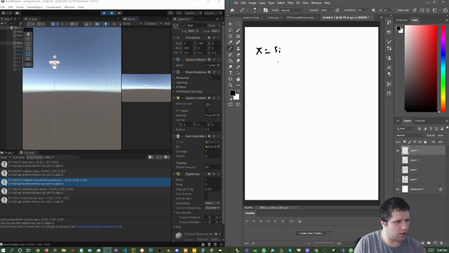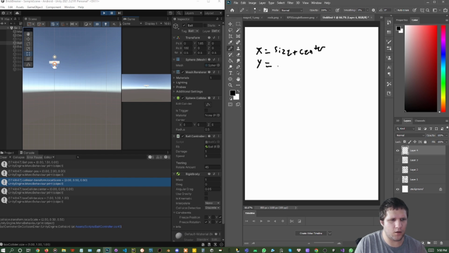No, it would be center plus position. So we'll say the x equals the size. Perhaps it can be size, yeah, size plus center.